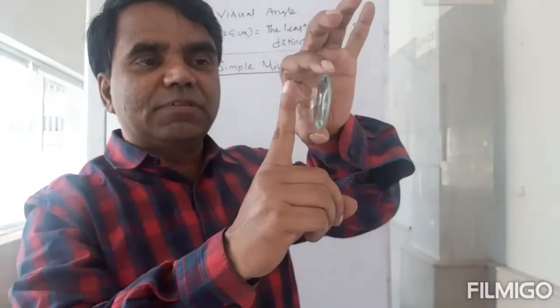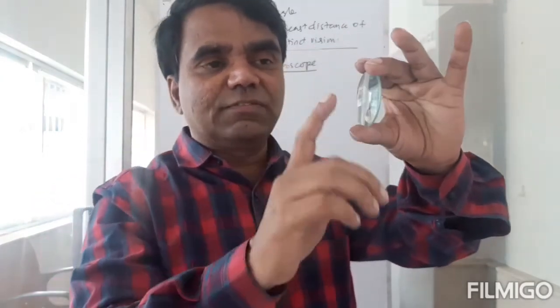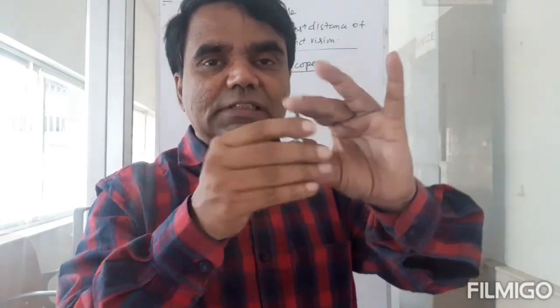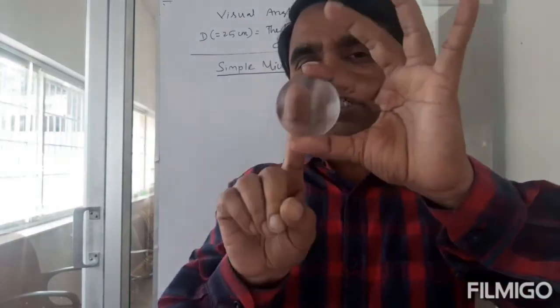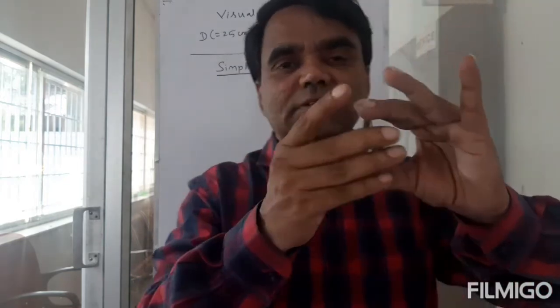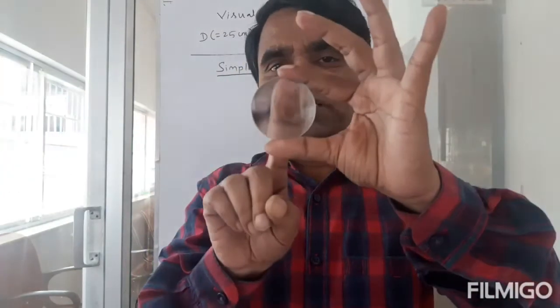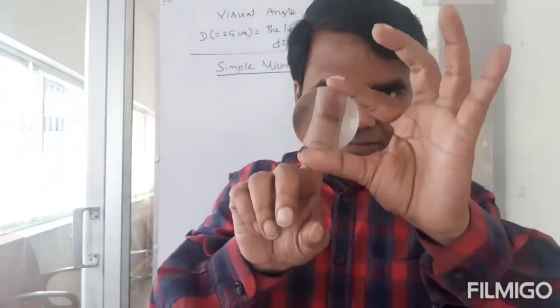Notice that I've kept it here between the optical center of the lens and F. The focal length of this is about 10 centimeters. Now if I keep my finger here, I'm actually keeping the object between O and F. So this is the virtual image that you are seeing. The image seems to be on the same side as the object for you, and this cannot be captured on a screen. So this is a simple microscope.